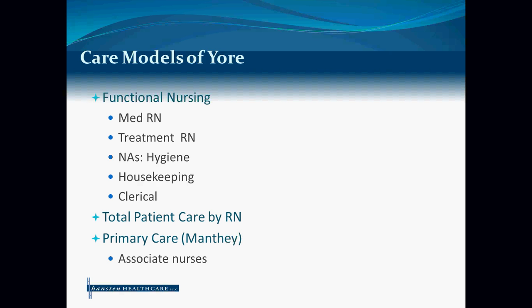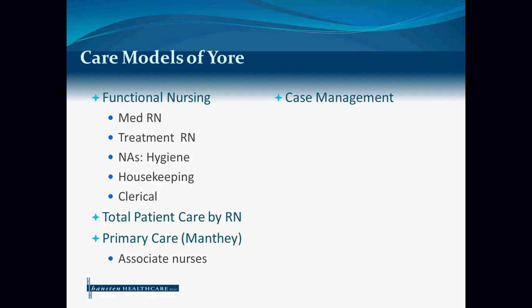Primary care started, and it was Marie Manthey who talked about making sure that nurses really rose to the top of their professional role and helped coordinate and plan the care, did the nursing process for that patient throughout that whole hospitalization. That primary nurse would direct the care, but would be off, of course, on certain days or shifts, and then associate nurses would take over. So that was an idea that was used quite a bit and is still used in different versions.